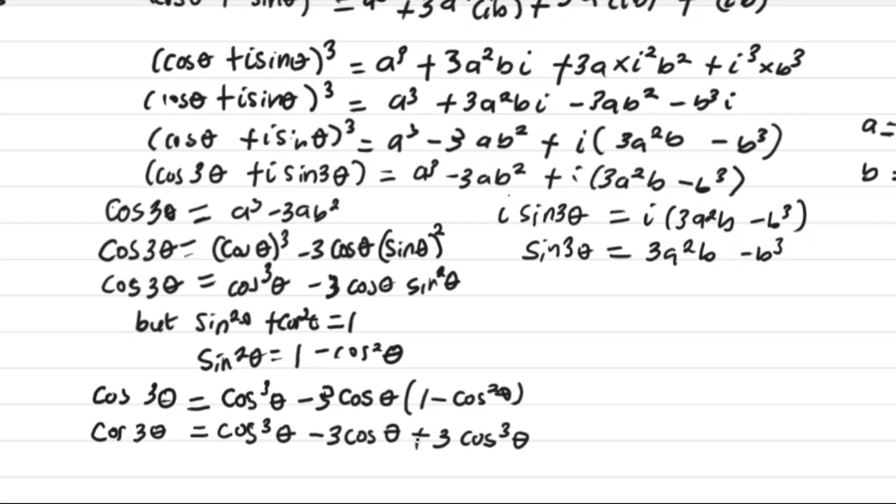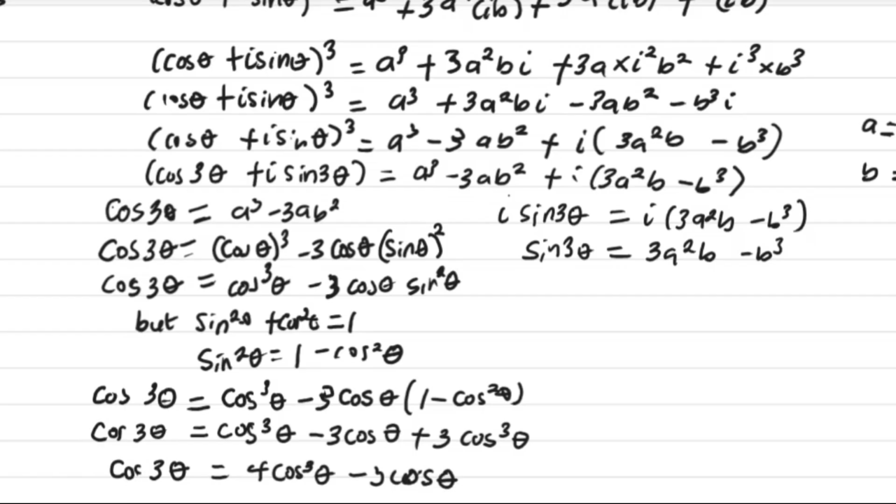Minus times minus will give us plus. Cos theta times cos square theta will give us cos cube theta. So cos 3 theta is going to give us cos cube theta plus 3 cos cube theta, which is 4 cos cube theta minus 3 cos theta.